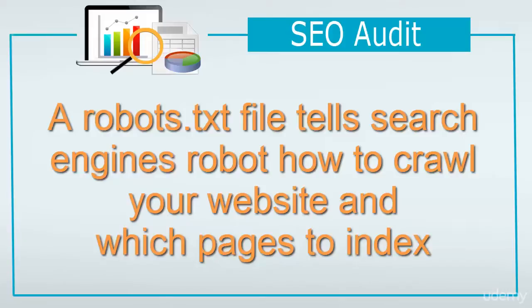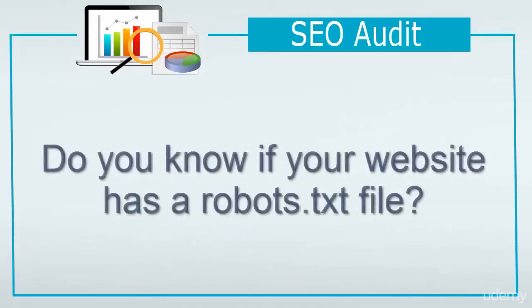However, there may be some directories or particular pages that you do not want search engines to index. And if that's the case, that is when you would use a robots.txt file. But let's say you decide you don't need one. The thing is, you may actually already have one and you just don't realize it. So you want to make sure that it is set up correctly.